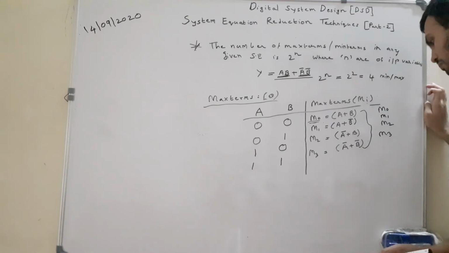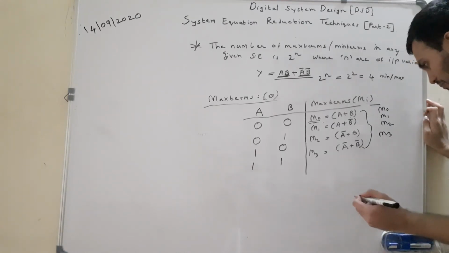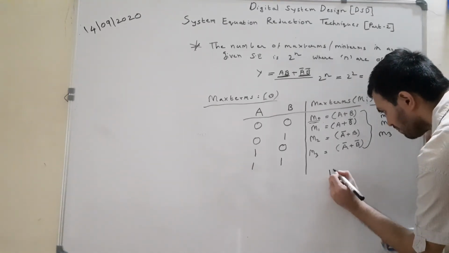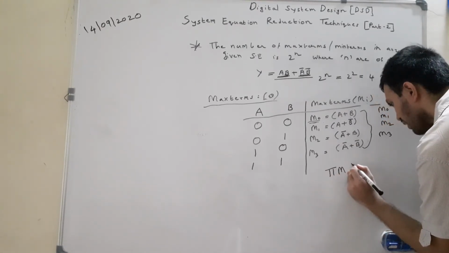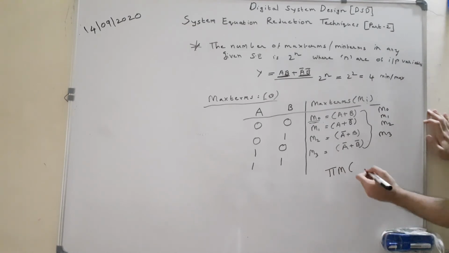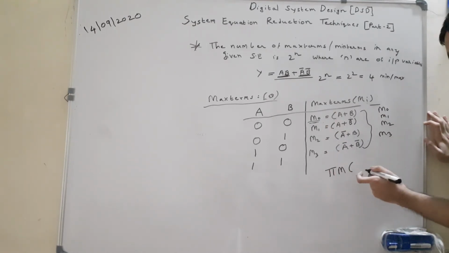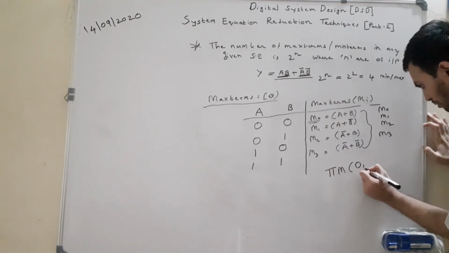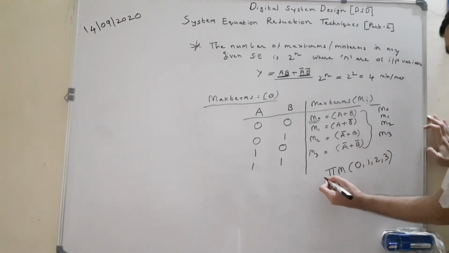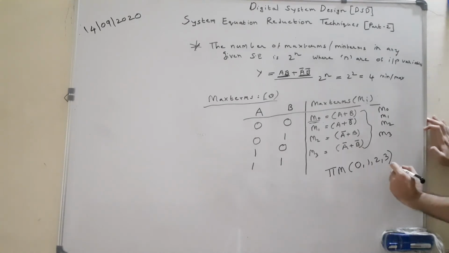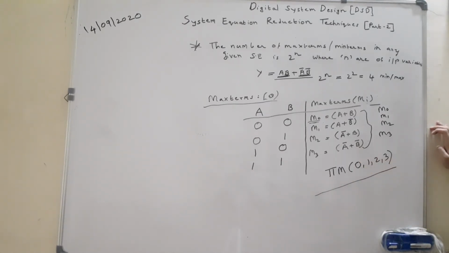When we want to represent a particular max term, we represent it using pi capital M. Now M0, M1, M2, M3, right? So how will you write these terms? 0, 1, 2 and 3. So this is the way to represent the given max terms, that is pi capital M, 0, 1, 2, 3 in brackets separated by commas. So this is how we represent max terms in an equation.